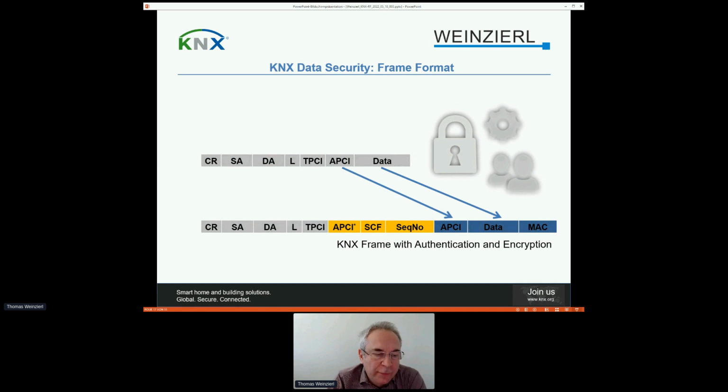Then we added a field, the secure control field, with some flags for additional information, a sequence number for all telegrams, and then the rest of the original data will follow, but now encrypted. So a third party cannot read this data. And finally, followed by the message authentication code to be sure that the telegram is sent really by our trusted partner.